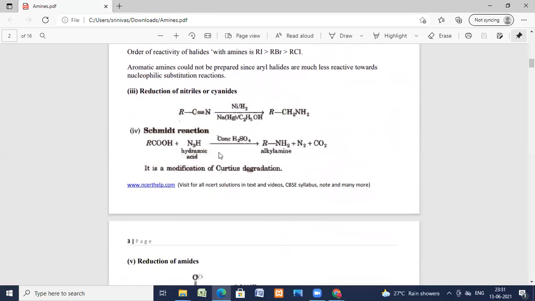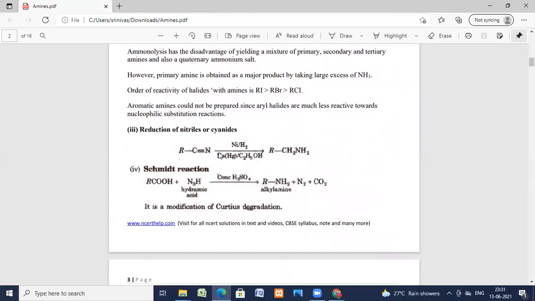Now we'll see the next preparation, reduction of nitriles and cyanides. Reduction of the nitrile or cyanide in the presence of nickel and hydrogen, or sodium-mercury and ethanol, forms RCH2NH2. So a primary amine is formed. Similarly, the Schmidt reaction, a very important reaction.